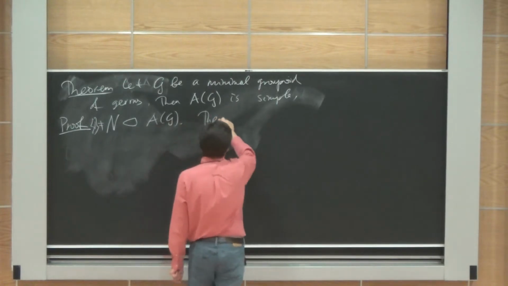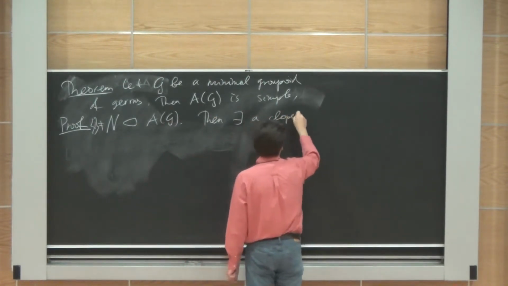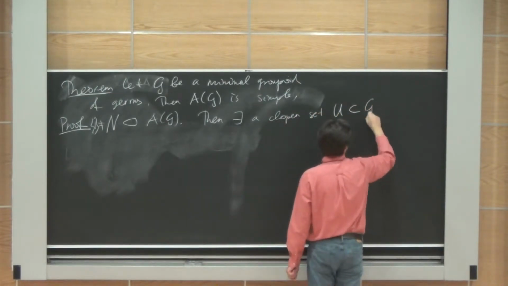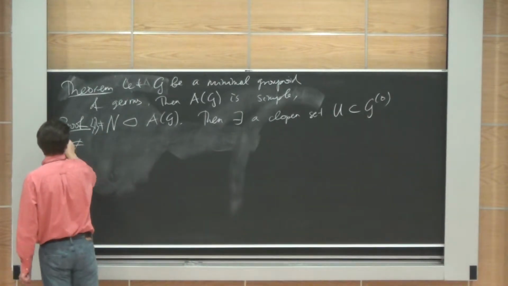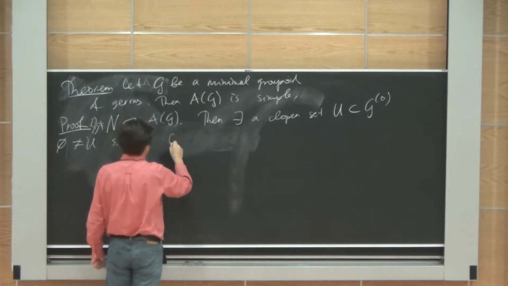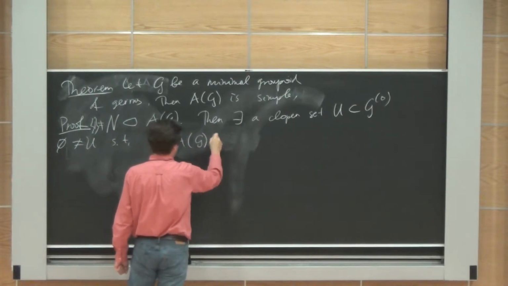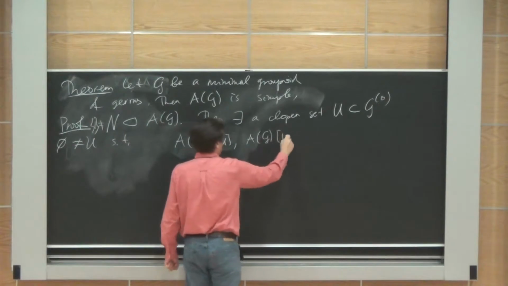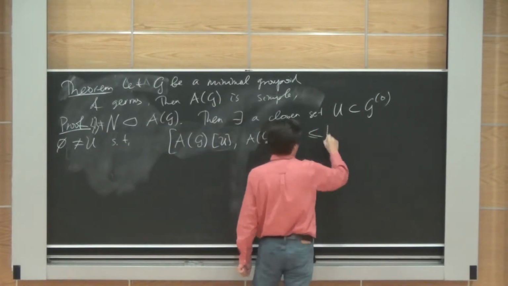Then, by the previous lemma, there exists a non-empty Clopen set U in the space of units, such that if you take the derived subgroup of A of G acting on U, then this is inside N.